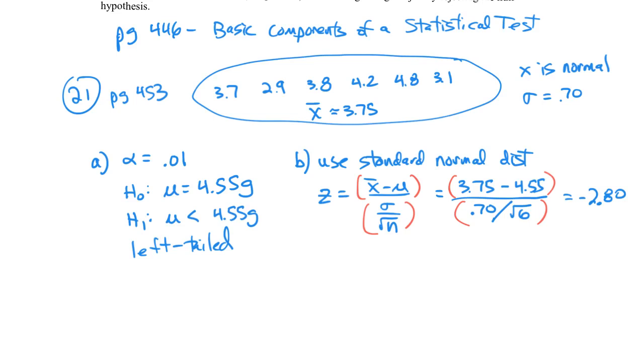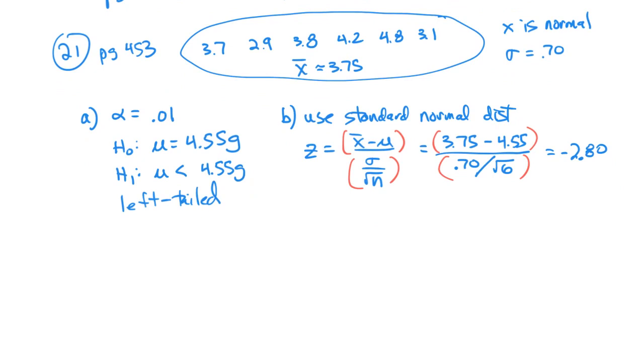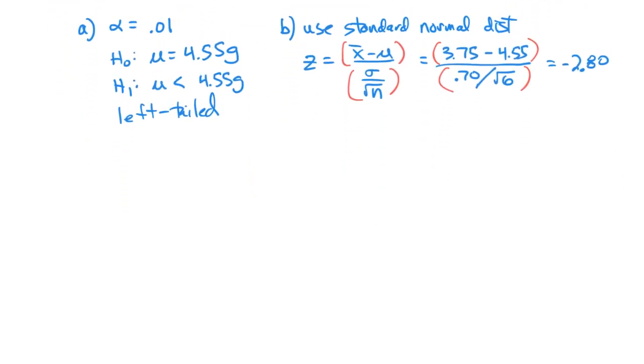So then what we need to do, though, is find the p-value. So for part C, we're going to figure out exactly how likely or unlikely this is. So you go to part C, and we need to find the p-value.